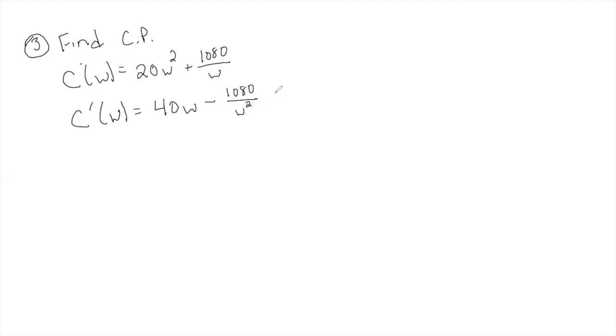Okay, so here's what I have, and I want to set this equal to 0. And I suppose you could ask the question, well, what about when W equals 0? I know I write or infinity, but really this means when is this thing undefined?